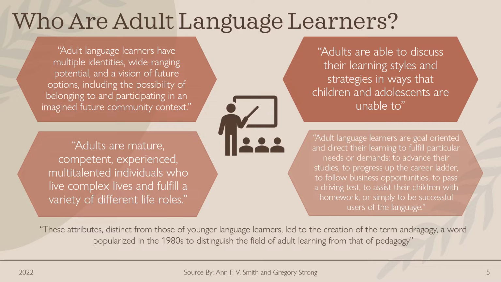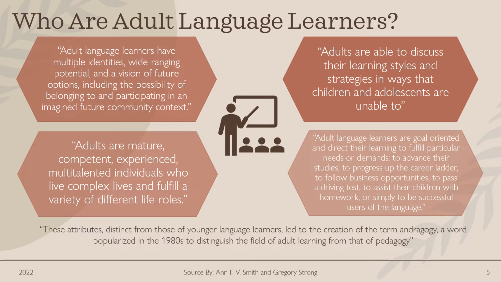Adults are more mature, they're competent, and they're multi-talented because of those complex lives and that variety of roles that they fill. Being that they've already been through traditional school, they know their learning styles, and they can communicate those better than children and adolescents can. They're goal oriented. They're coming back to learn the second language, not because they have to, but because they want to. They know what they want for themselves.